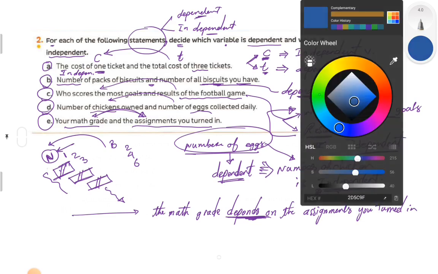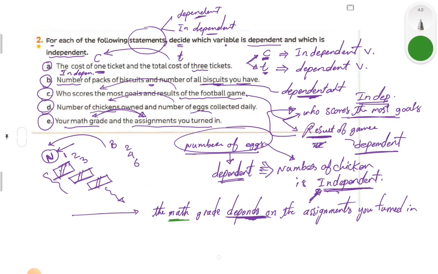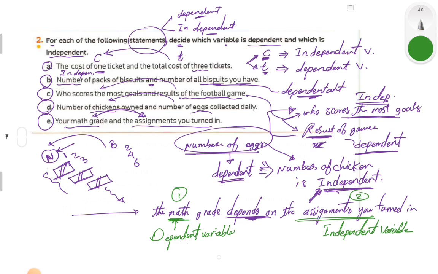I can say that math grade, the first one, depends on the assignments you turn in. So the first one depends on the other, and the other one is the independent variable, and math grade is the dependent variable, because this one depends on that one.